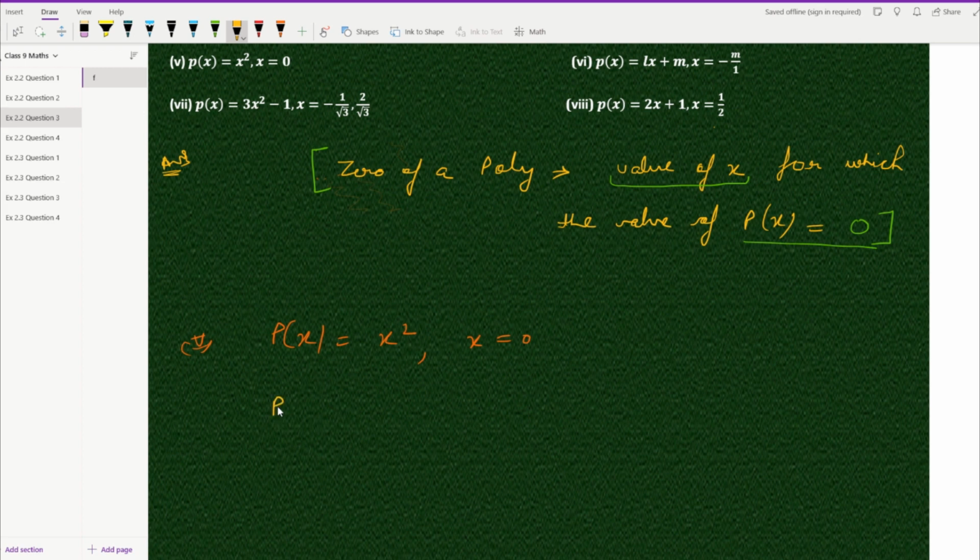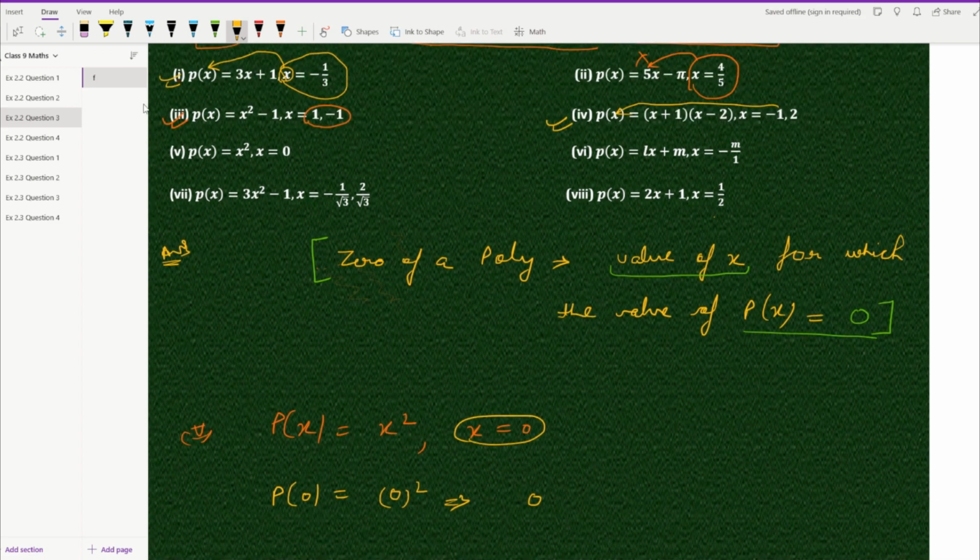So our polynomial will become p of 0, that is 0 square. So obviously 0 square is 0, and it is very simple. For the value of x equal to 0, the polynomial has become 0. Therefore x equal to 0 is a zero of this polynomial.